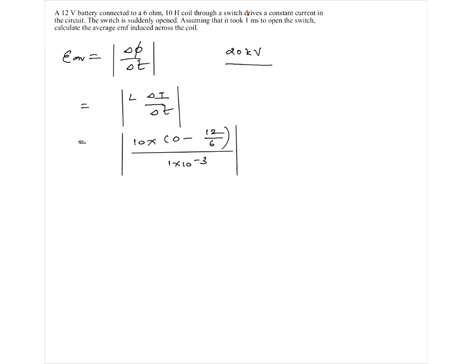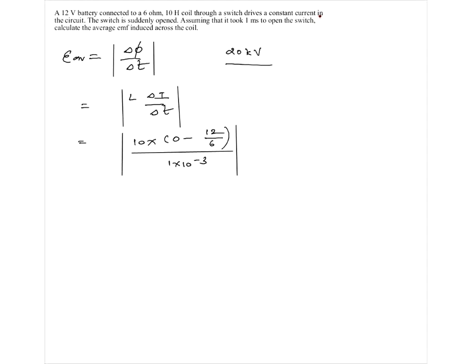There's a switch. Drives the constant current in the circuit. Constant current has to be a steady state situation. Sudden change if you do, inductor always opposes that. So constant is only possible at steady state.